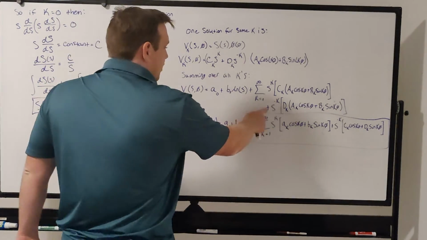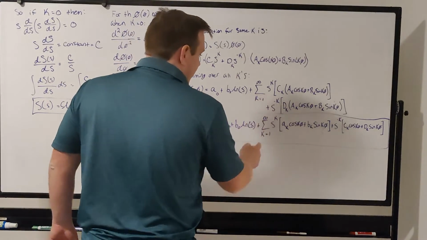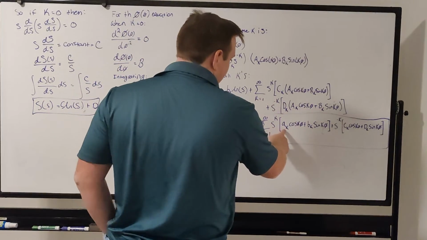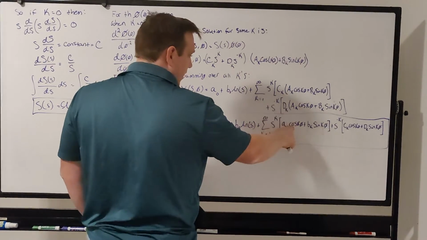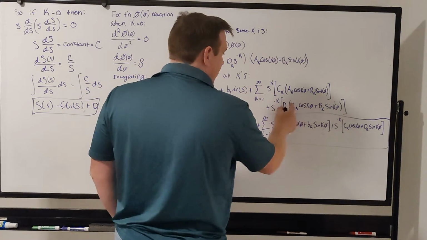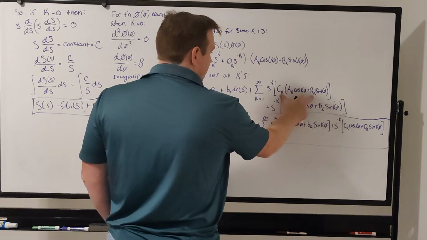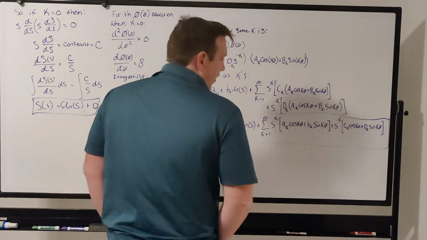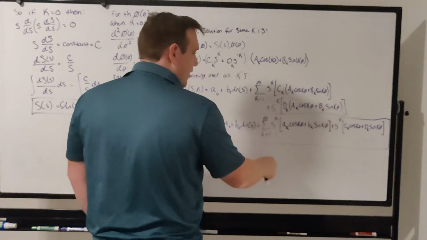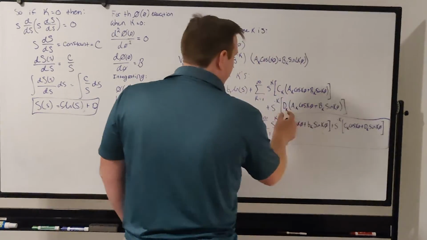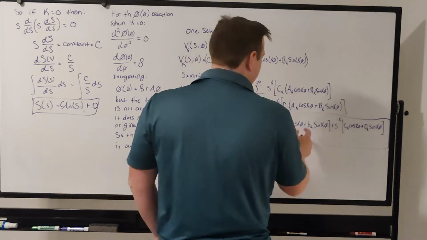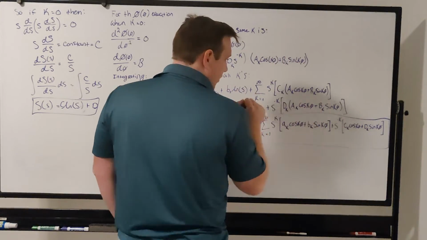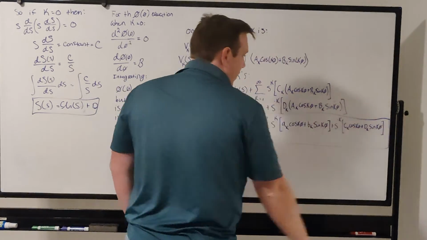So I just write this as s to the k times a sub k, which is some constant, the combination of these two, times cosine k phi plus b sub k, which is the product of these two, times sine k phi, plus s to the minus k, and then I have c sub k, which is the product of these two, times cosine k phi plus d sub k, which is the product of those two, times sine k phi.